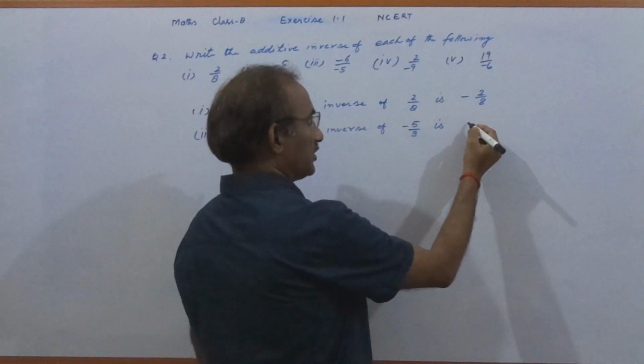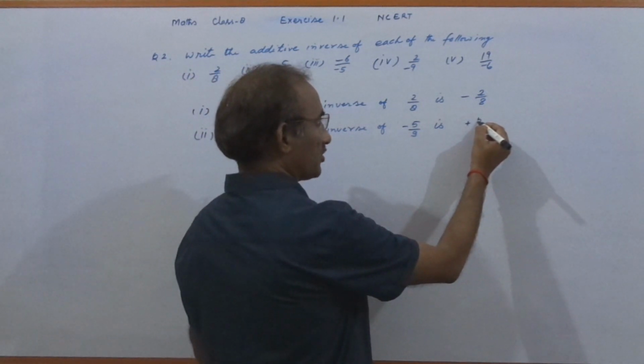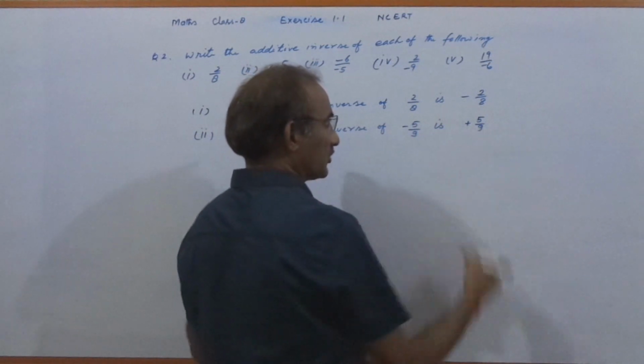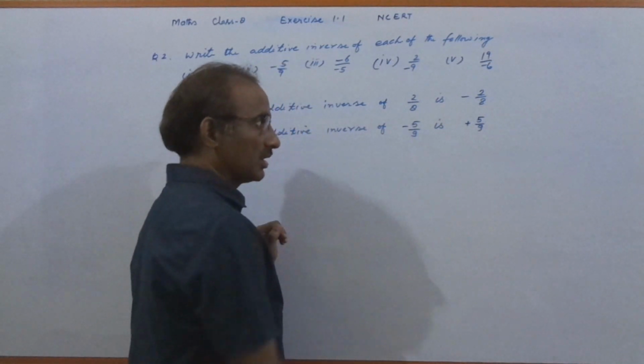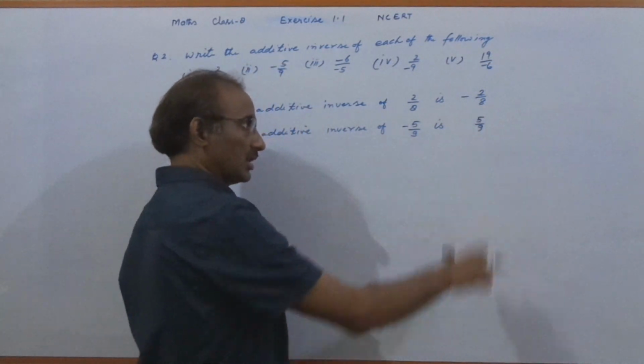So additive inverse will be plus 5 upon 9. It can also be written as only 5 upon 9.